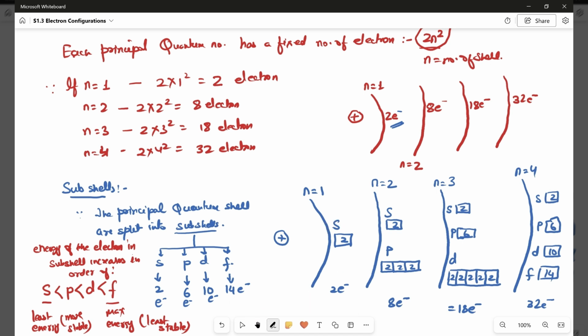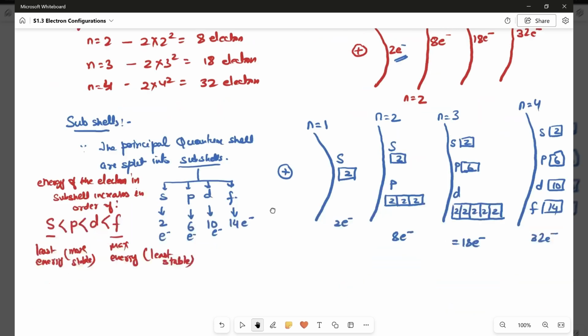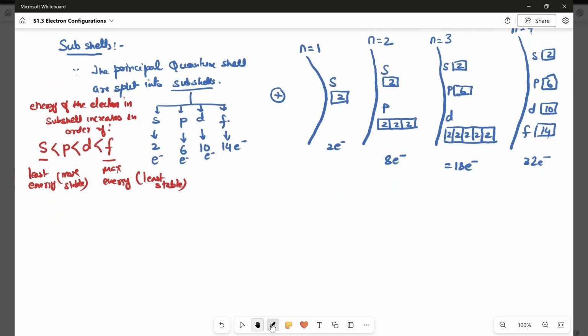And if you have to fill the electrons, there is a concept. First the electrons will go into 1s, then into 2s, then after 2s the electron will go into 2p.